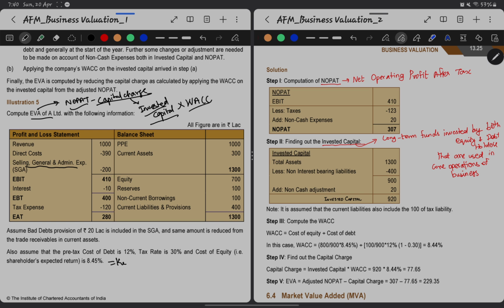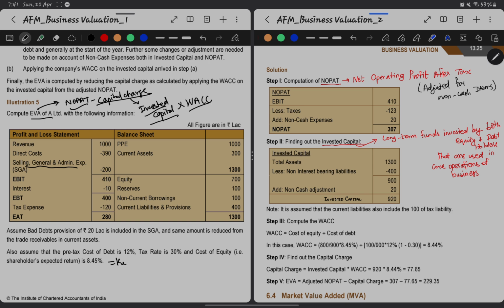So first we'll go with NOPAT. NOPAT means net operating profit after tax, and since we are calculating economic value added, this has to be adjusted for non-cash items. From the balance sheet we have EBIT, earnings before interest and tax, which is 410.